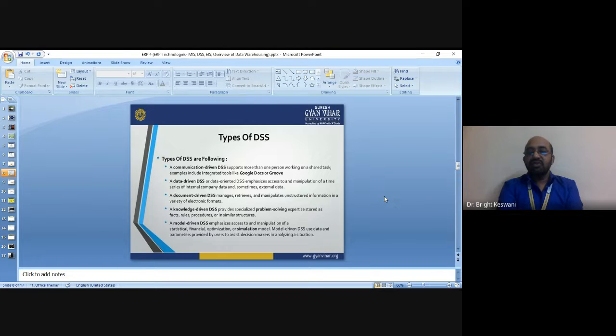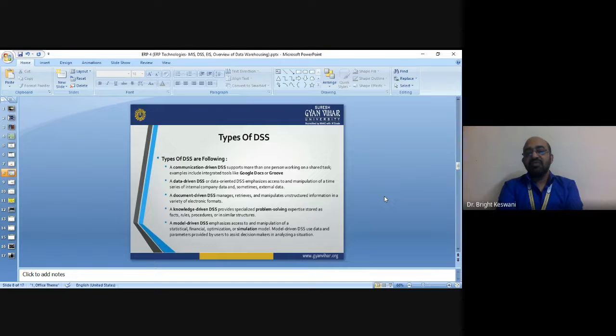A document driven DSS manages, retrieves, and manipulates unstructured information in a variety of electronic formats. A knowledge driven DSS provides specialized problem solving expertise stored as facts, rules, procedures, or similar structures.